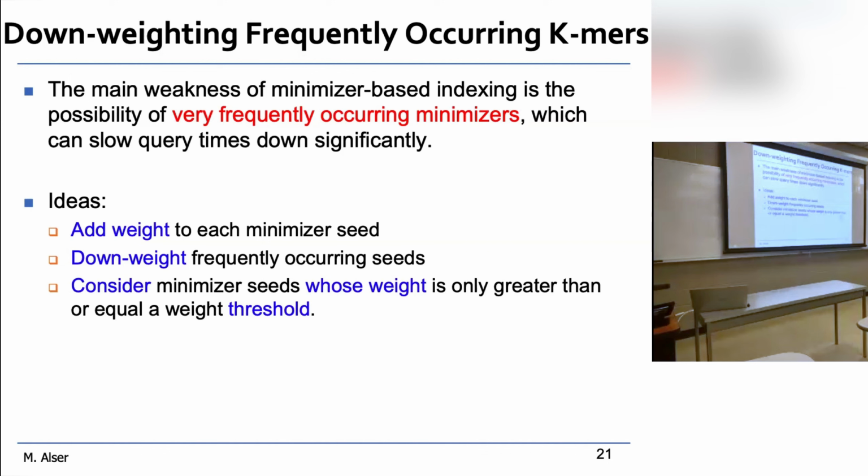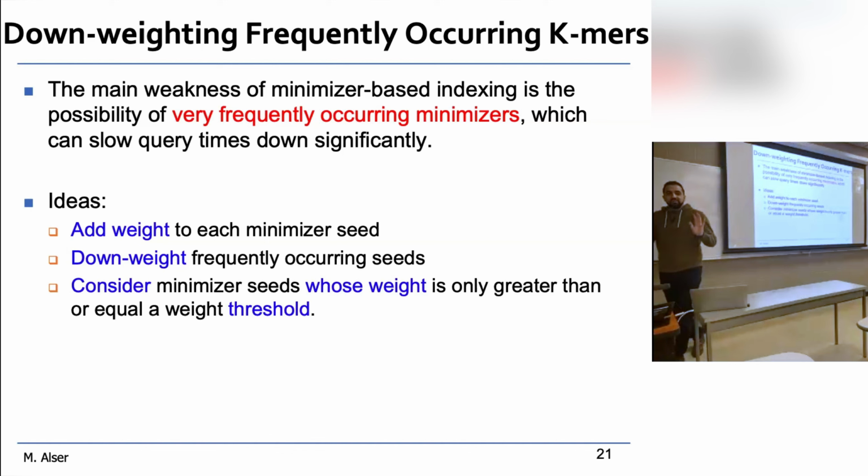Now, how do they solve that issue? Remember, the problem is with the most frequent k-mers. So their goal is to minimize those frequent k-mers. And what we mean by frequent k-mers is that they are the exact same seed appearing many times over the entire genome. Okay, so they just add a default weight value to each minimizer seed.